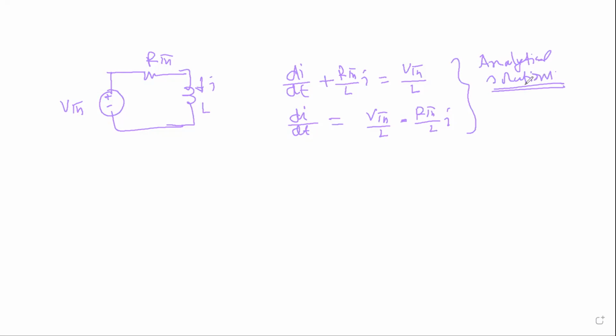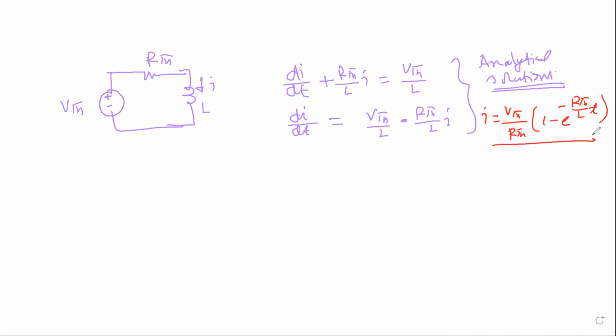Then what is the analytical solution for current? Can you remember? Your I would be equal to VTH divided by RTH into 1 minus e to the power minus RTH divided by L into T, isn't it?